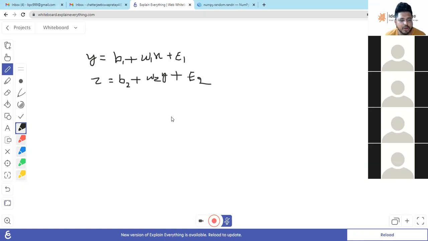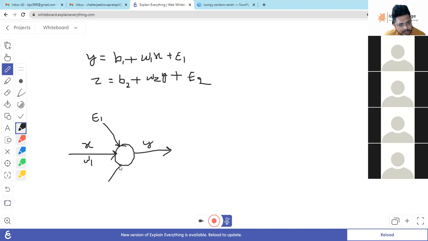Now if I have to draw the neural network, how will it be? x is coming here, y is going out, correct? This one is w1, and epsilon 1 is coming, B1 is coming.